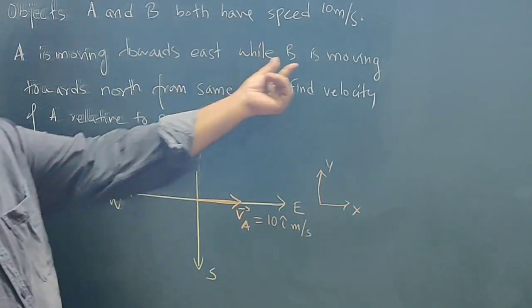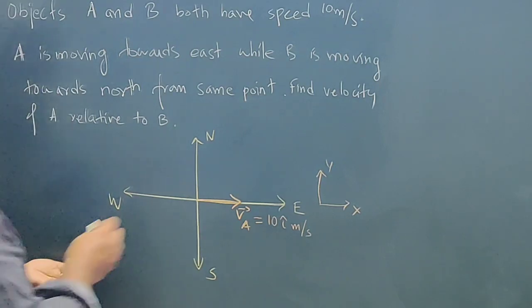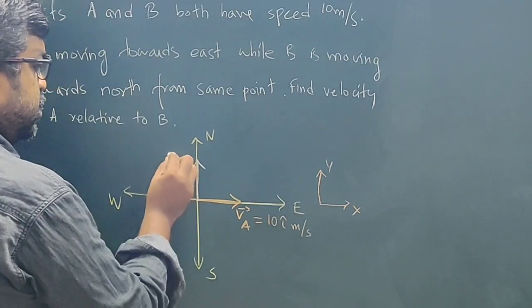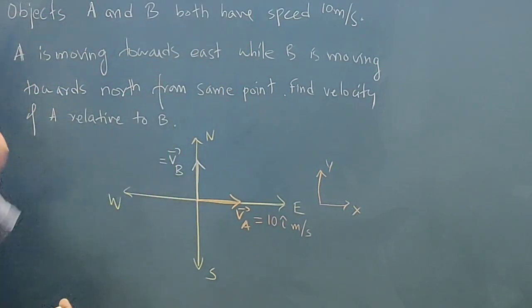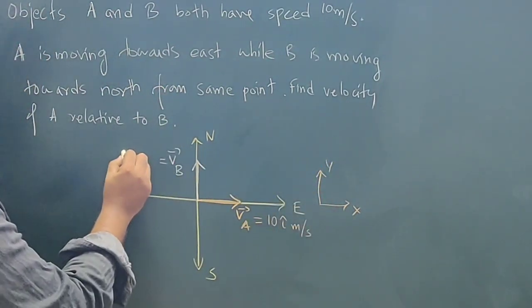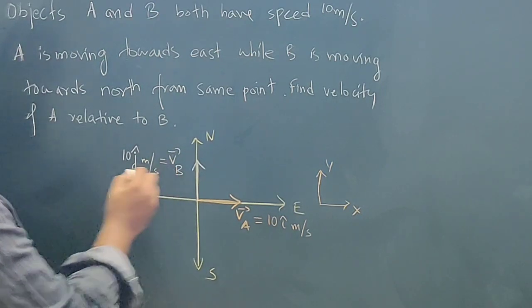B is moving towards north, so this is VB, and VB is also 10 meter per second, but it is towards north, so that is y-axis, so I will write 10 j cap meter per second.